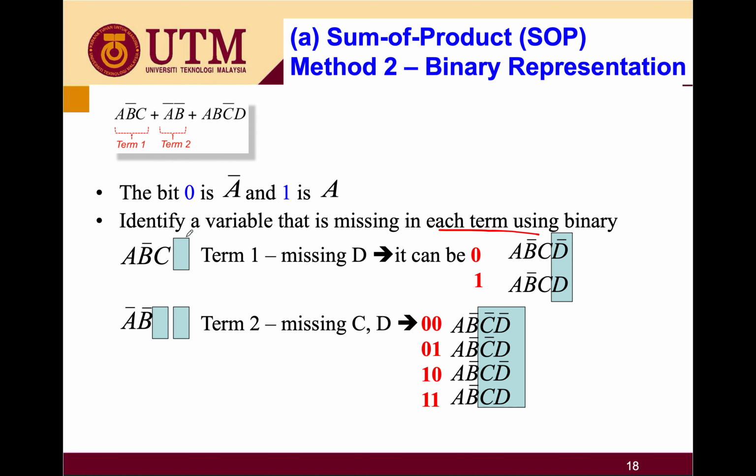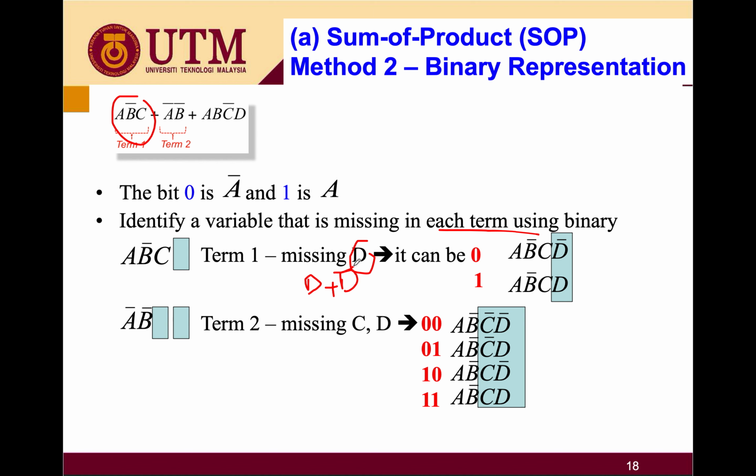So let's say over here you have A, B bar, C, the term 1. So you miss D, isn't it? So you will multiply it with D plus D bar.